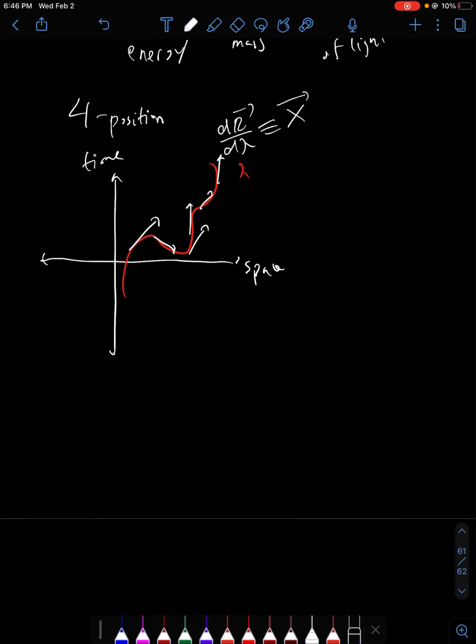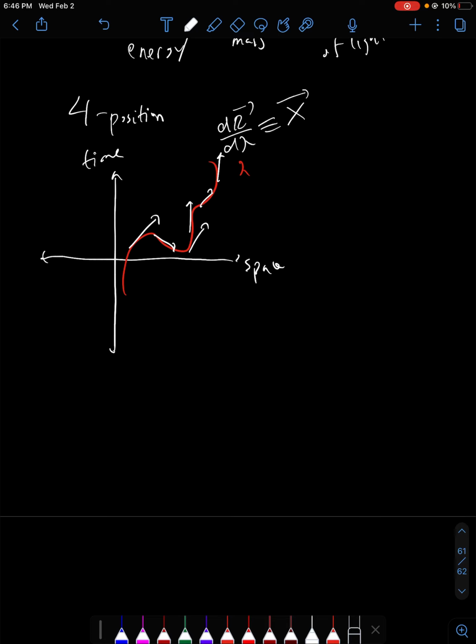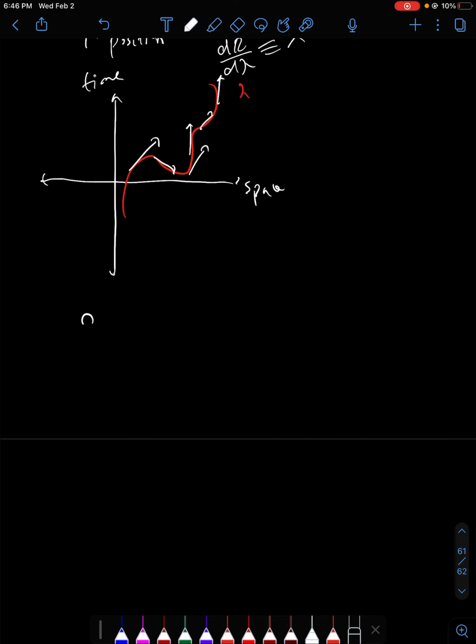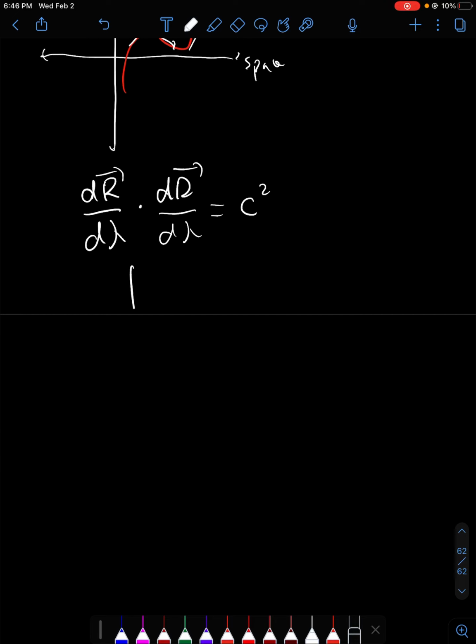So there is a rule in relativity, which we could derive in principle by using the Minkowski metric and some other things. But there's a rule that the dot product of tangent vectors along some path in space-time equals the speed of light squared. Or in other words, x vector dotted with itself equals the speed of light squared.